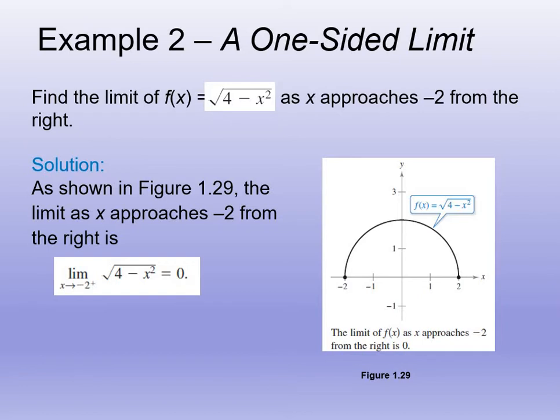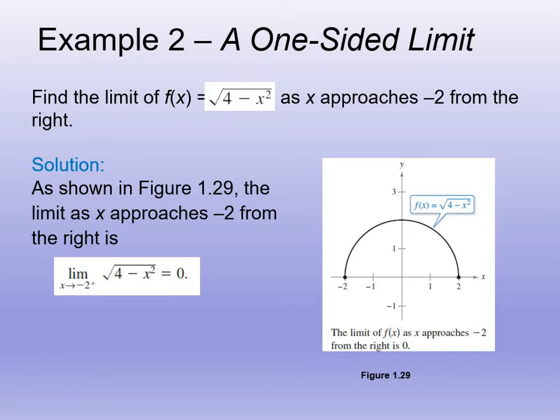If we are a particle going down this function, moving from right to left because we're approaching -2 from the plus side, as we get closer and closer to -2 on the function, the limit is 0.